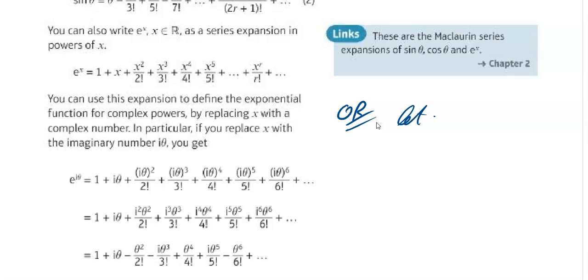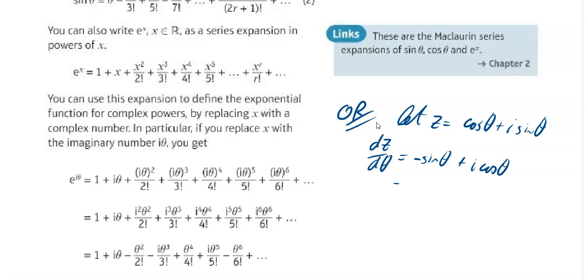So I would just say let z equal cos theta plus i sine theta. And then what we're going to do is dz by d theta, so we're going to differentiate this with respect to theta. If we do that, we will get minus sine theta plus i cos theta. And then we're going to factorize out an i.